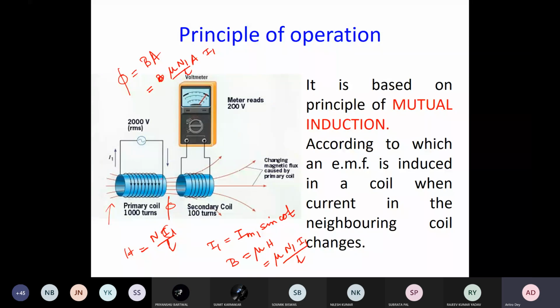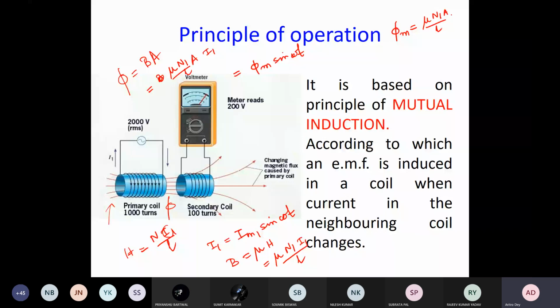As it changes, it reaches a peak, then goes to the zero crossing, then the negative peak, and so on. If you express phi with respect to time, we can write phi m sine omega t, where phi m is equal to mu into N1 A by L into Im1.